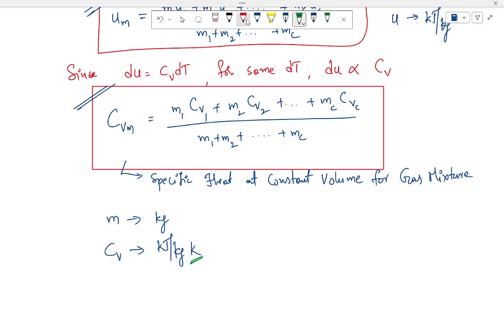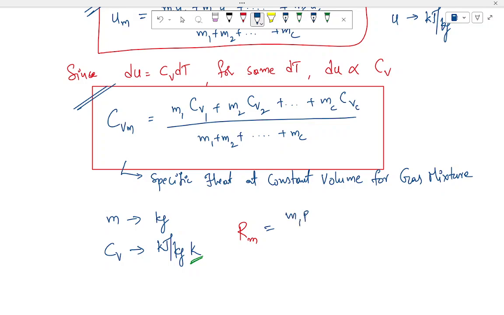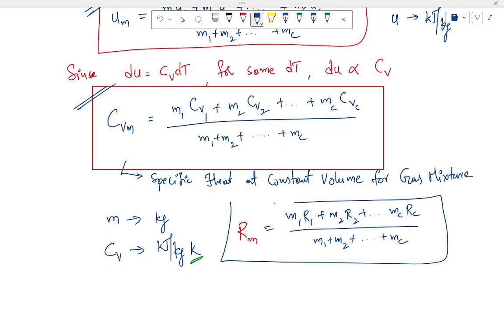And you can also compare this Cv expression with your R of the mixture. If you look at the R of the mixture, this is nothing but m1 R1 plus m2 R2 plus so on plus mc Rc by m1 plus m2 plus so on plus mc. This is the formula for your Rm as well.